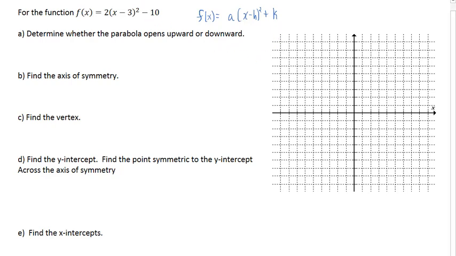But what's important, first of all, is that the a value is the same as the a value in the other form that we studied. And the parabola will still open up if a is positive or open down if a is negative. So here we have a equals 2, and so therefore a is positive, the parabola will open upward.